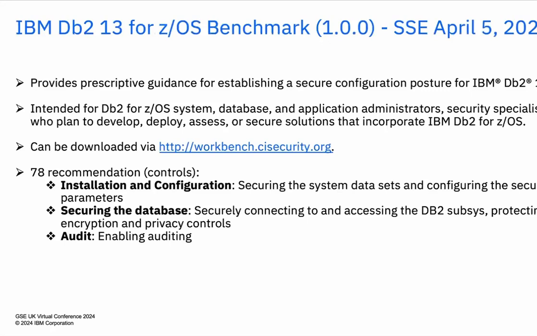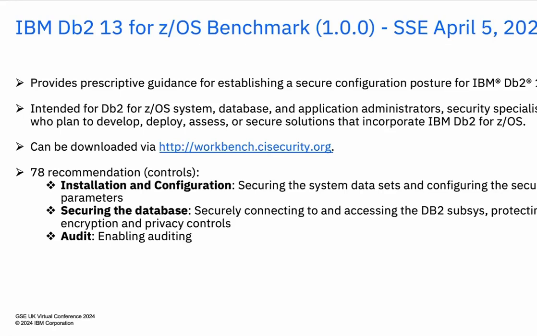And the last CIS benchmark standard that was on the list is something quite recent. We have published it with the SSE in April. So this is the beginning of the DB2 benchmark for RACF. In general, this is one of the other CIS benchmarks that are related to Z systems.